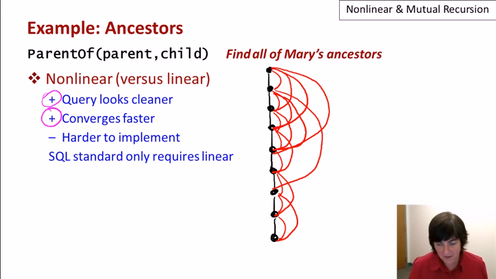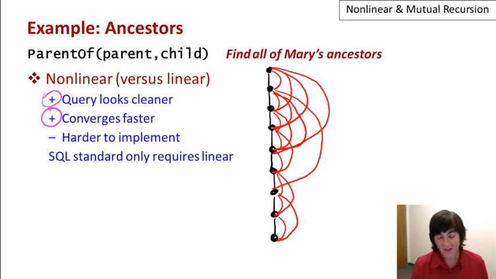So as you can see, the nonlinear version does converge faster. Now this example is very small, so it's not as blatantly obvious, but the linear version is going to take a linear number of iterations in order to converge to the final recursively defined relation contents, whereas when we use the nonlinear version, it's actually logarithmic. So for a large database, it can be considerably faster.